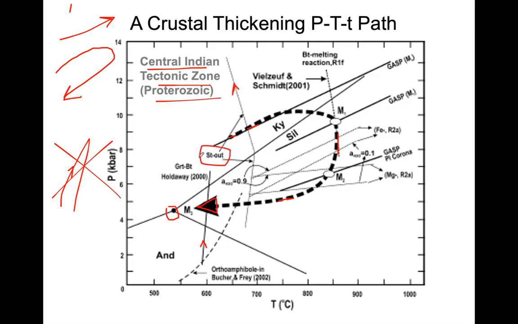What do you mean by this? ST out. What is ST? Any idea? What could be ST? It's a mineral abbreviation. You can see many mineral abbreviations. For example, this is garnet biotite. And what is ST?